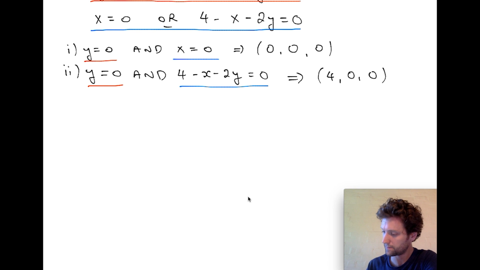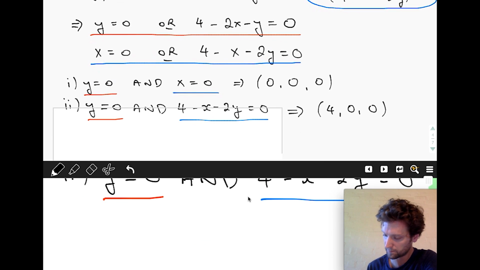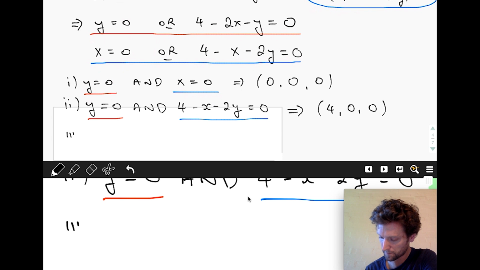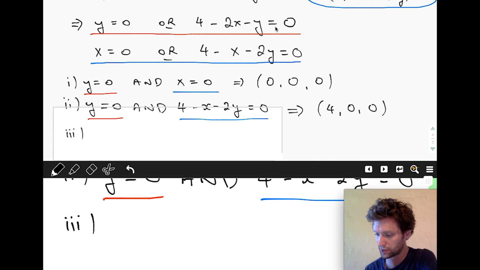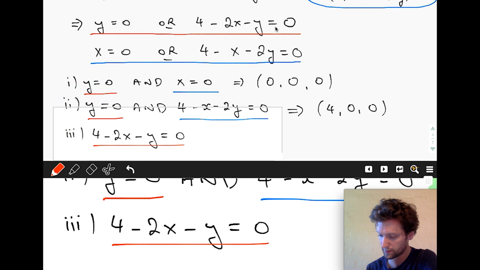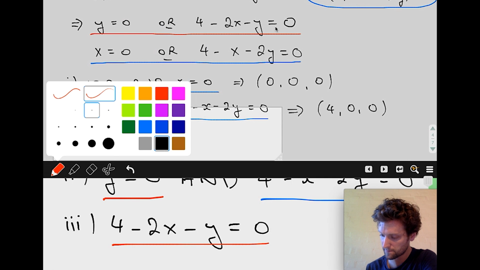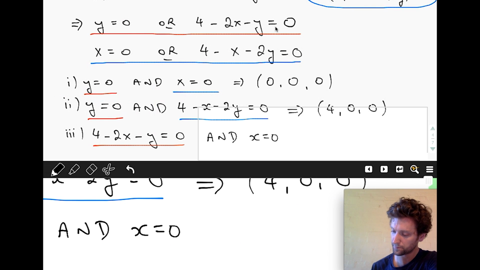The third possibility is the red condition, 4 minus 2x minus y is equal to 0, underlining in red just so we don't get confused, and one of the blue conditions. Let's pick the first one, x is equal to 0.